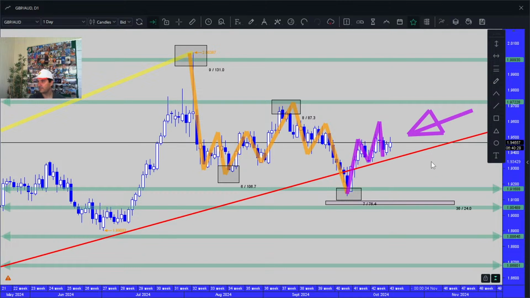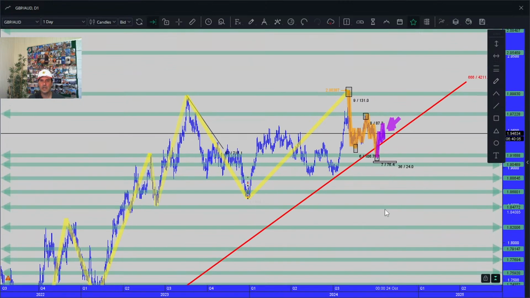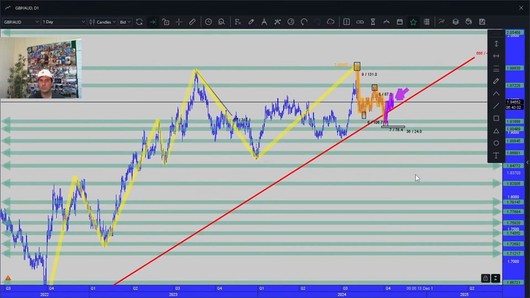Very good. The short term trend is bearish, the orange. The long term trend line is bullish. It's an uptrend line. Where do you see bearish?